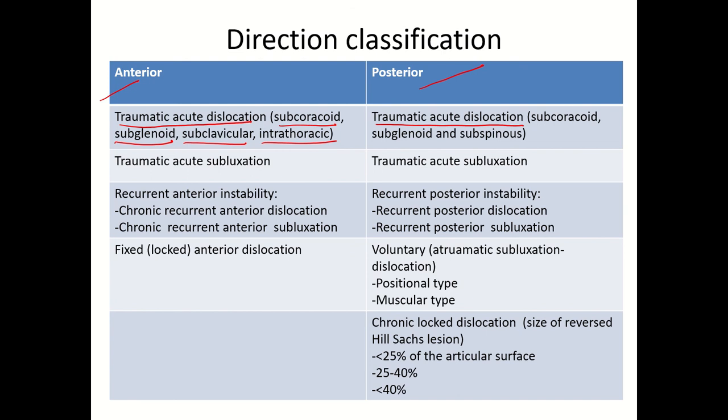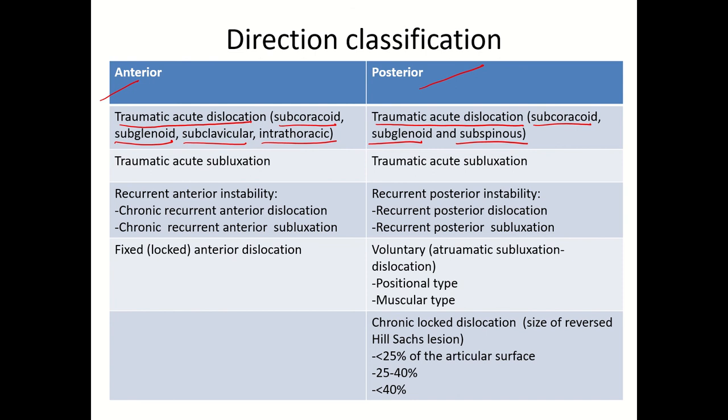That is your anterior. Posterior subcoracoid, beneath the coracoid process but posterior to the fossa. Subglenoid, beneath the glenoid fossa, posterior to the fossa. Subspinous, beneath the spine but posterior to the glenoid fossa. Traumatic acute subluxation, the cause can be for anterior instability, and the same thing, traumatic acute subluxation for the posterior as well.